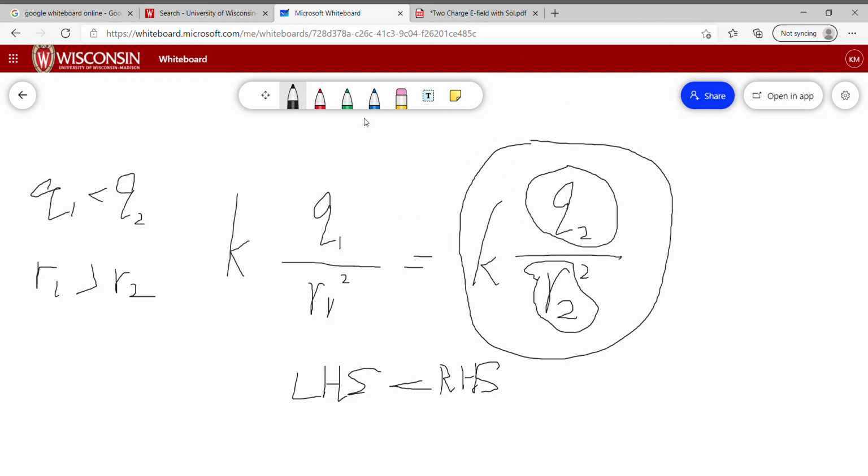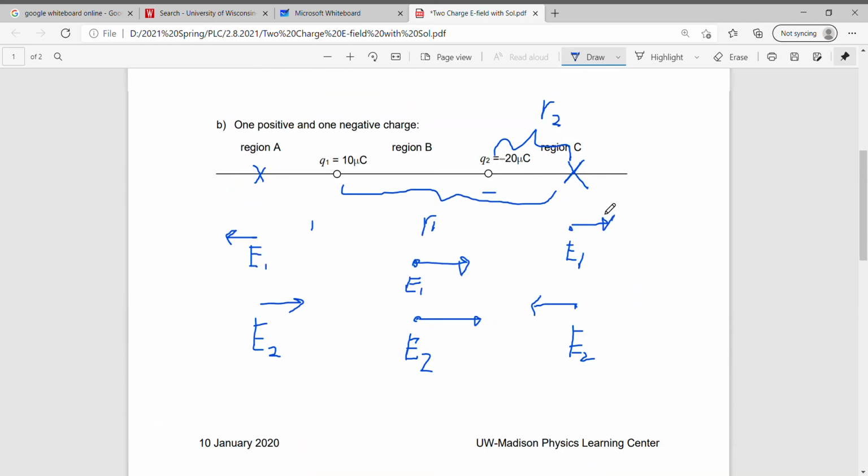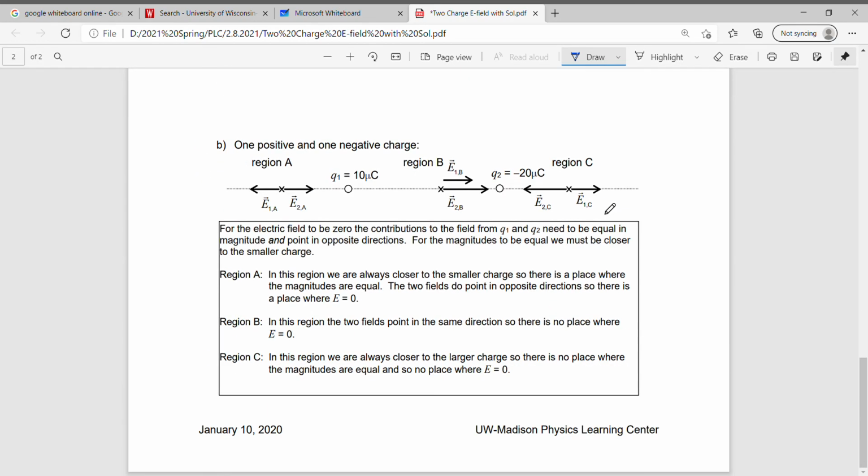Which means we will not have an equal sign in the middle. We can only have the right-hand side larger than the left-hand side. Therefore, there's nowhere in region C where we can cancel E1 and E2 out. Okay, so this is the first worksheet from Monday.